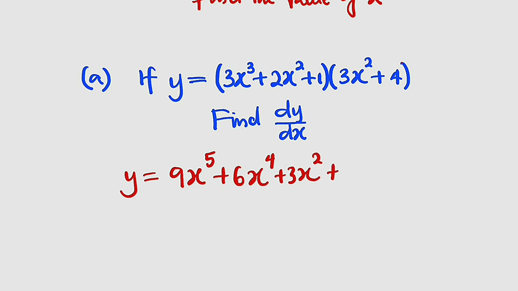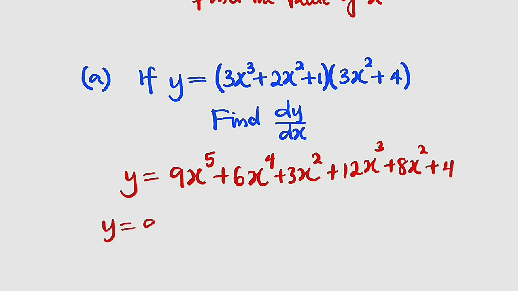Then you take the second term, which is 4, multiply by 3x cubed. That is going to give us 12x cubed. 4 multiplied by 2x squared. That's going to give us 8x squared. And finally 4 multiplied by 1, which is 4. Then let us collect the like terms.